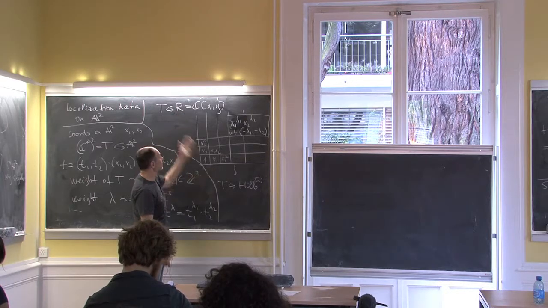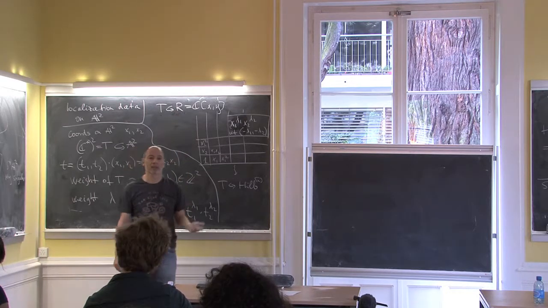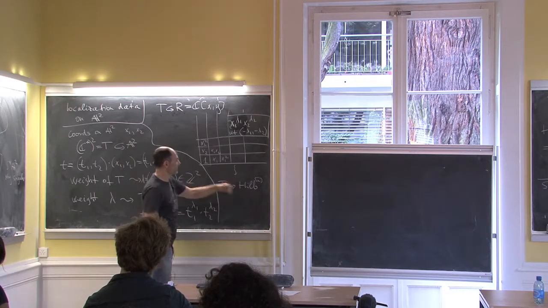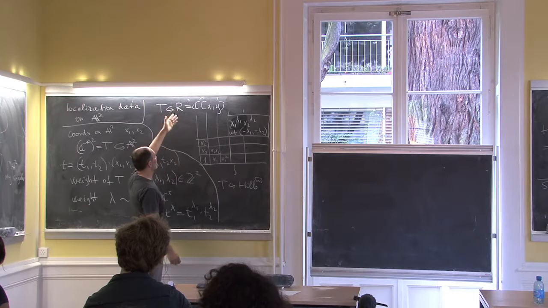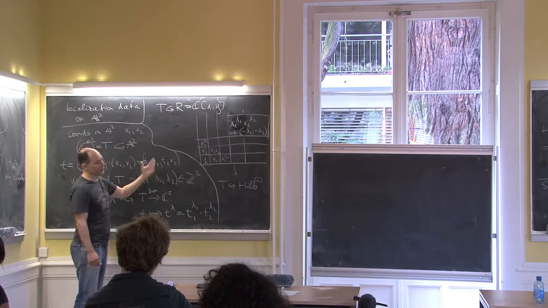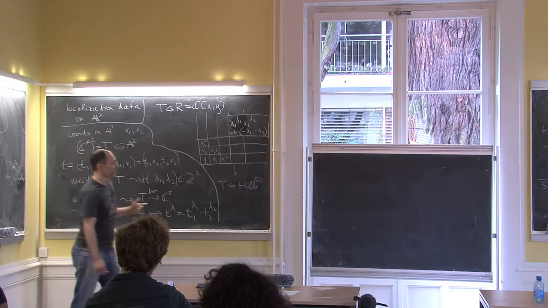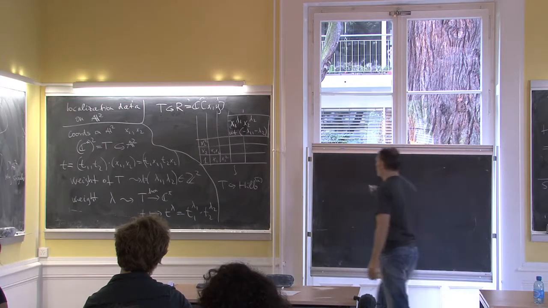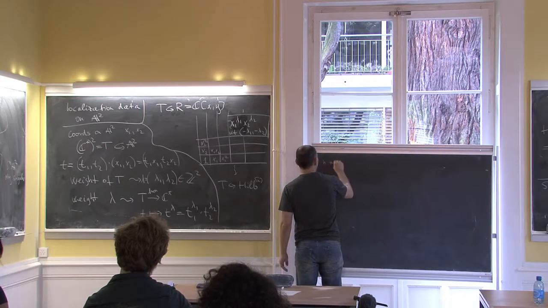And it's easy to see that this torus action carries an ideal into another ideal. So Hilb N is invariant. If you take an ideal and rescale it using this rescaling, you get another ideal.